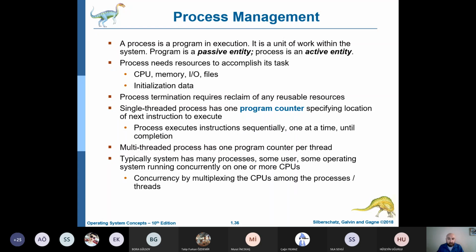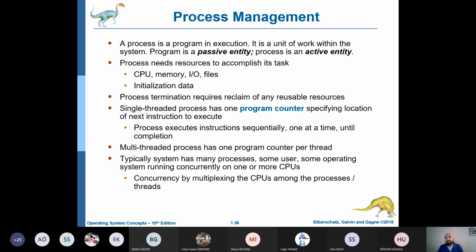For now, you can consider a process to be an instance of a program in execution. A process needs certain resources, including CPU time, memory, files, and I/O devices, to accomplish its task. These resources are typically allocated to the process while it's running.